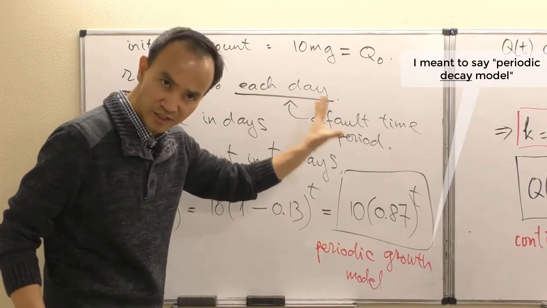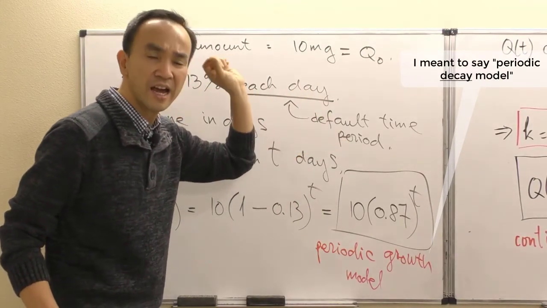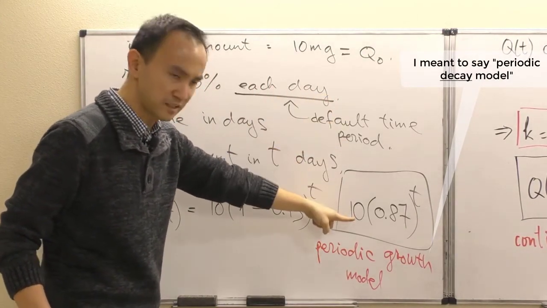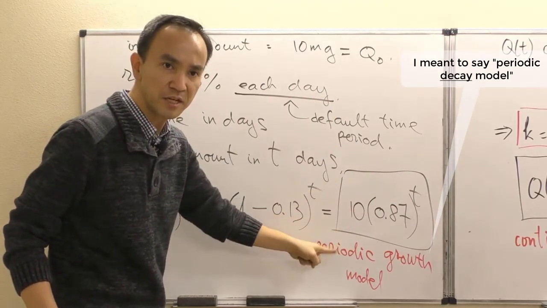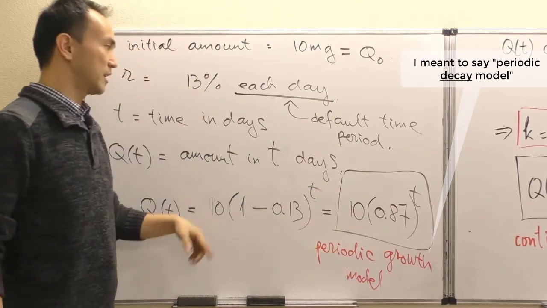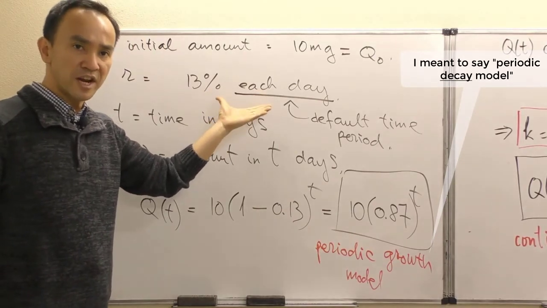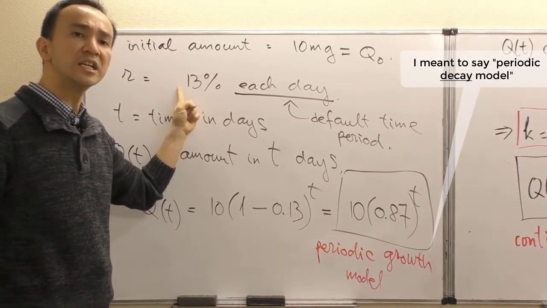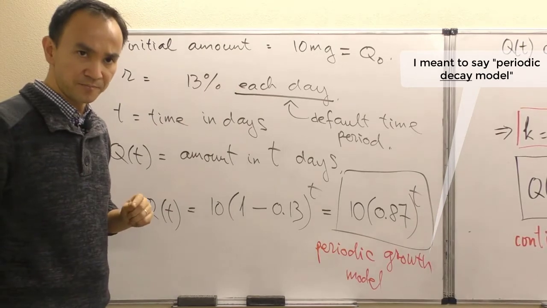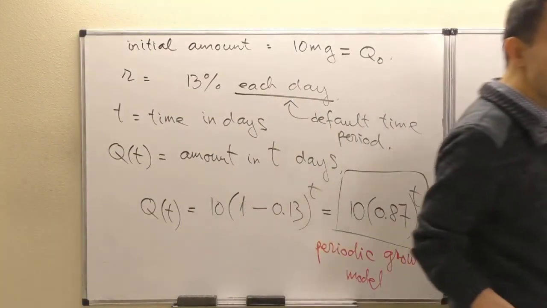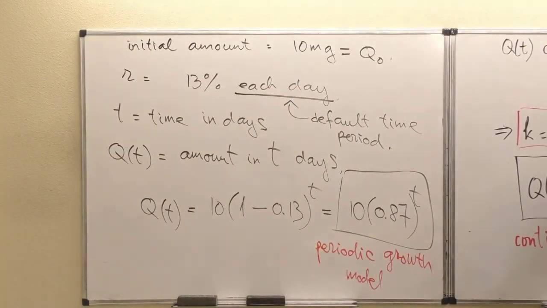Even though the process itself is already a continuous process, we can conveniently write down immediately the periodic growth model, using this growth rate indicated without the term continuous. It's really the same problem, the same process right there.